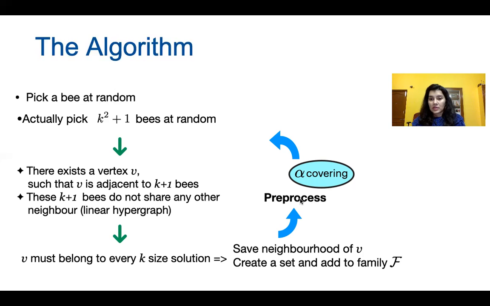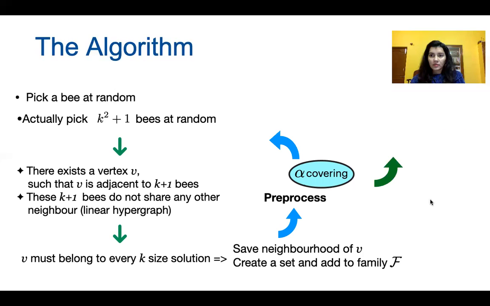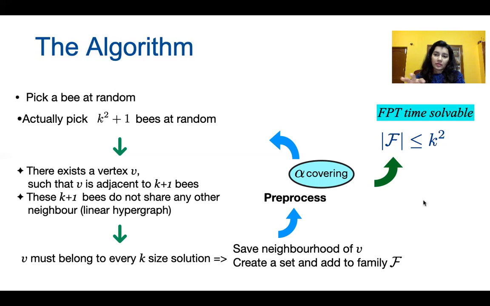This pre-processing is also what keeps reducing the size of the family F. Ultimately, when we reach a point where the size of the family is bounded by k square, we prove that the reduced instance becomes FPT-time solvable.